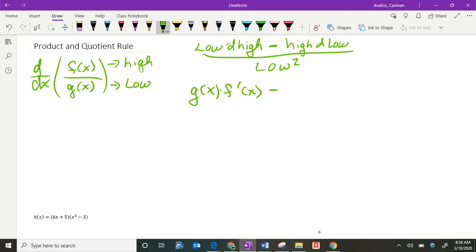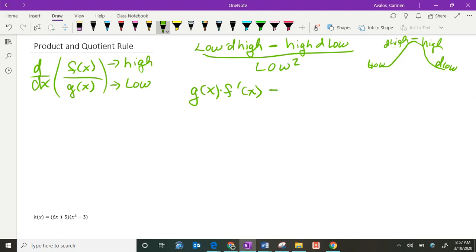And then you're going to have minus, so you can't confuse these two. It has to be low, and then it has to be the high one. So think of it as a mountain. You're starting low, you're going up, high, and then going back down low. So this is your low d high, minus high d low, and you're subtracting that in between there.